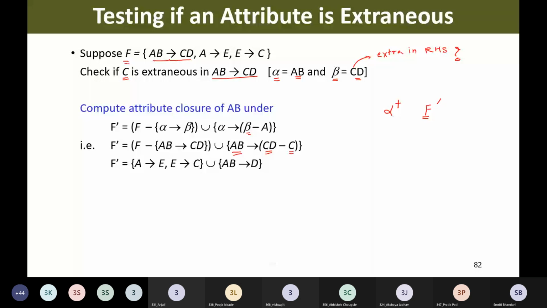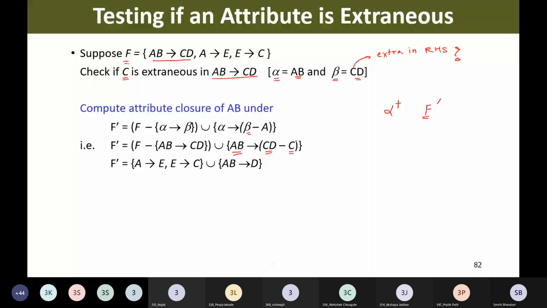So, I will be having D only. So, my F dash will include A to E, E to C, AB to D. Right? So, please see, this is my F and this is my F dash. So, formally, we are finding out F dash by following these steps.